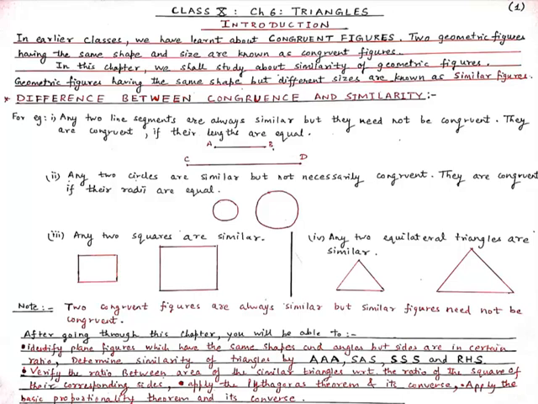And you will be able to verify that the ratio between the areas of similar triangles is equal to the ratio of the squares of their corresponding sides. You will also be able to apply the Pythagoras theorem and its converse, and the basic proportionality theorem, also known as Thales' theorem, and its converse.